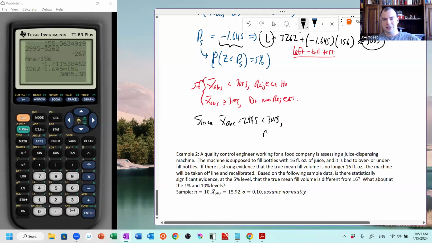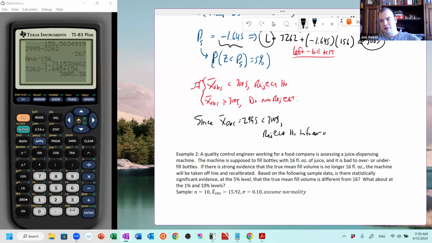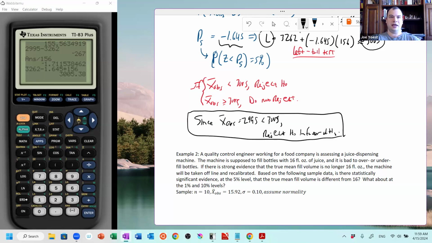Since it's in the rejection region, we reject H naught in favor of H1. We provide statistically significant evidence in favor of our claim.